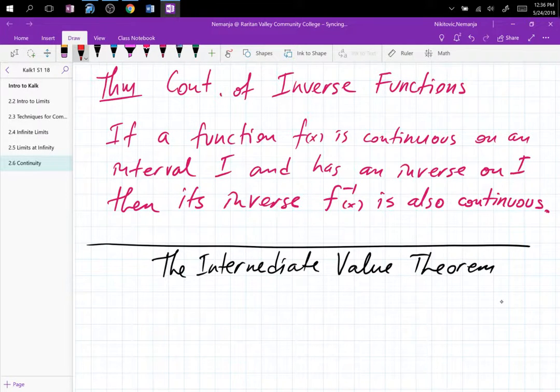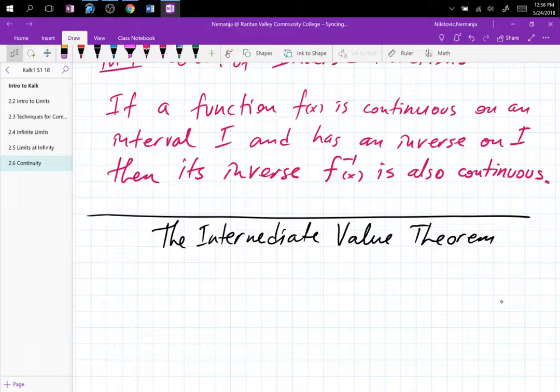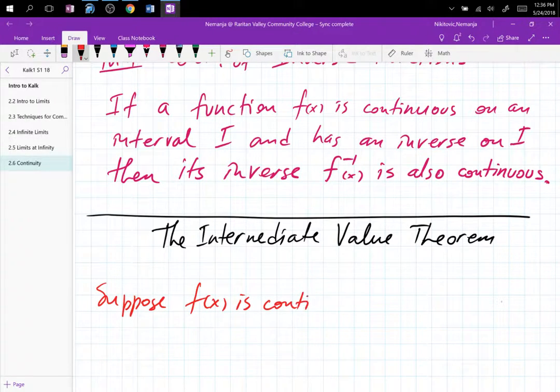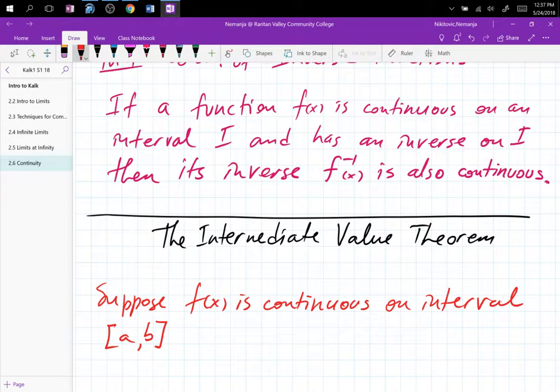Okay, let's first write the statement and then we'll see what it means. Suppose f is continuous on the interval AB inclusive, right?